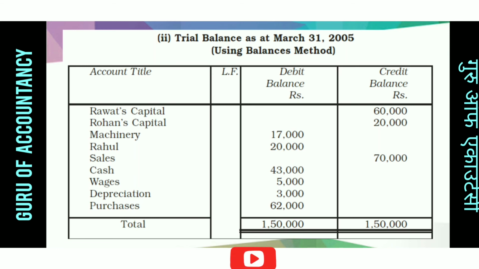These are the different accounts and their balances are written. Debit balance are written in the debit column, credit balance are written in the credit column, total is tallied. So we can say there is no error, but it is not always true. Many times trial balance gets tallied, but there may be some error that we will see in later section.